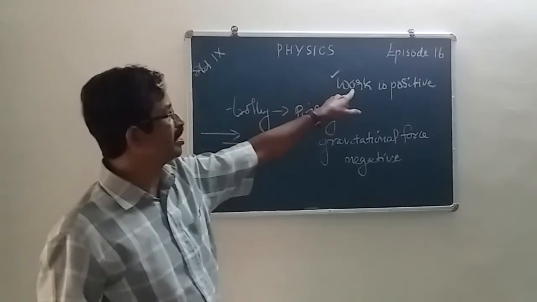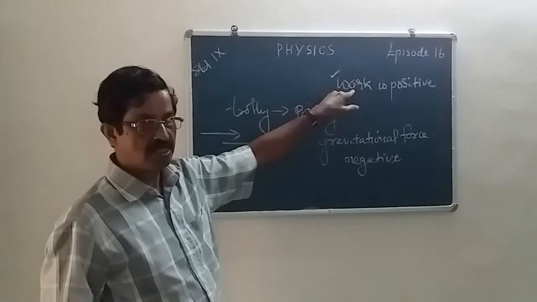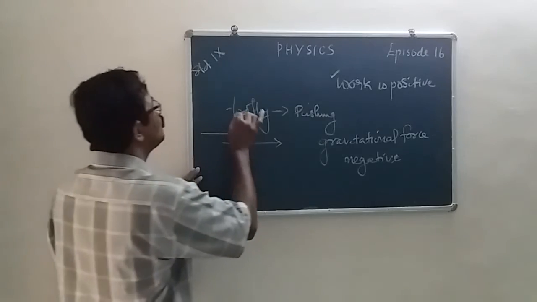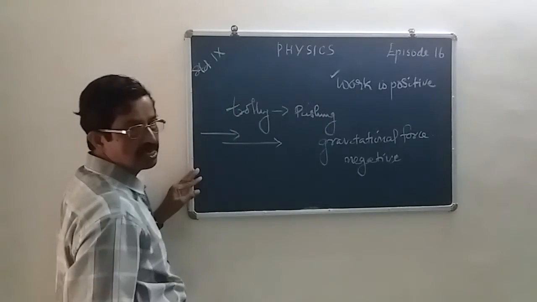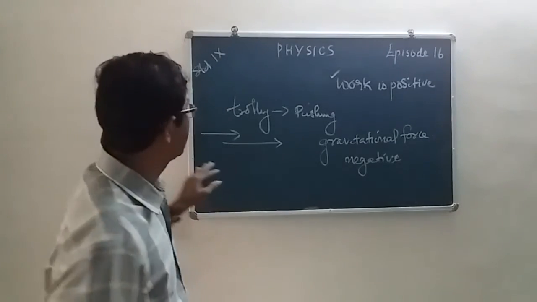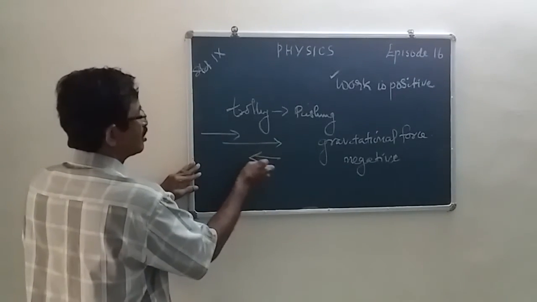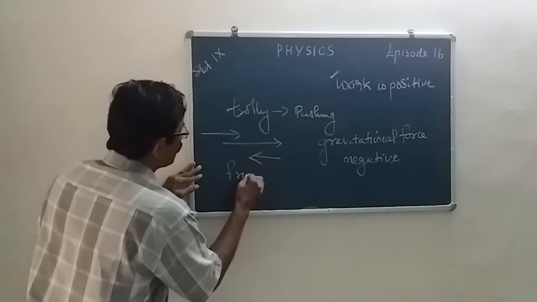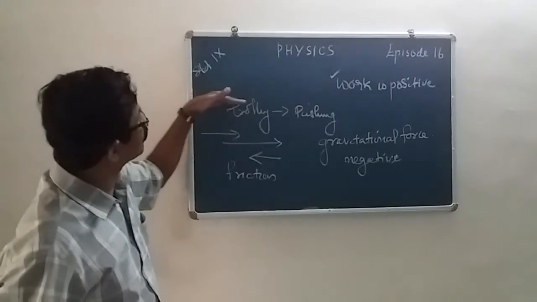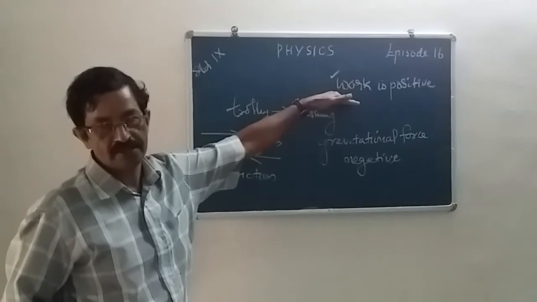Hence the work there is positive. But you see, when the trolley is moving forward, there is a force which opposes its motion. That is friction, which is acting opposite to the motion of the trolley.